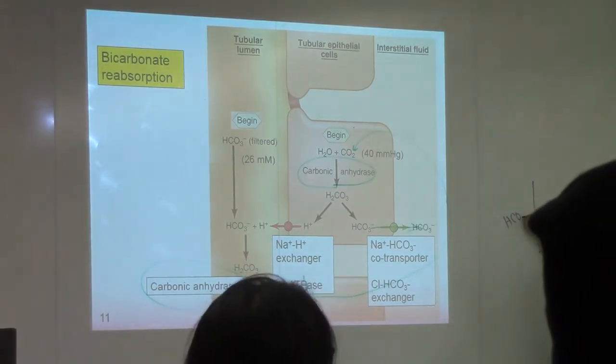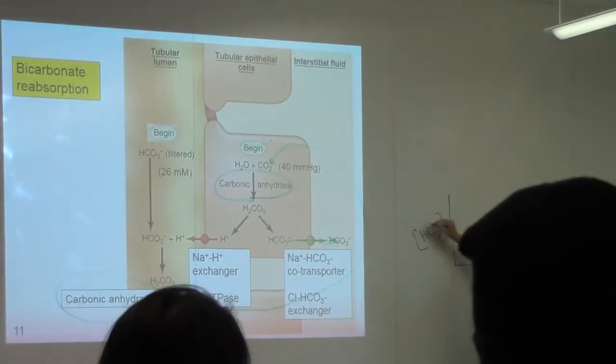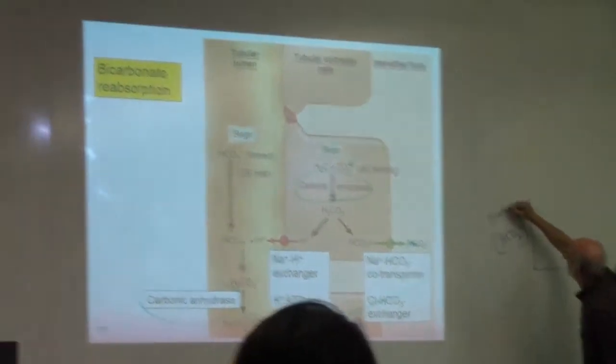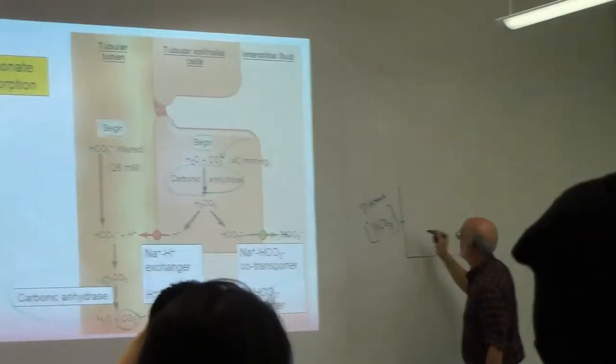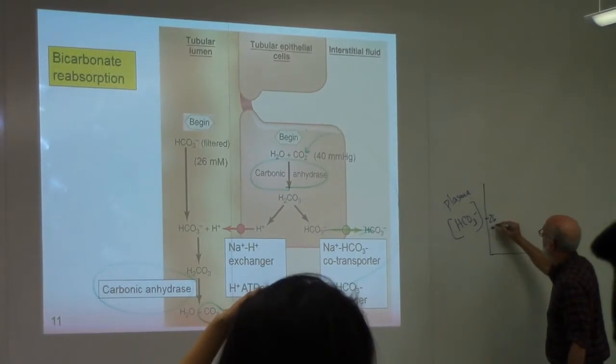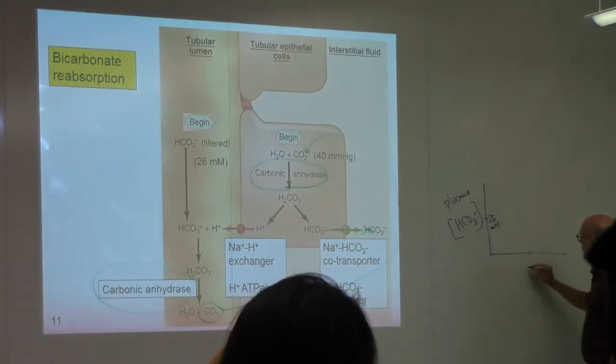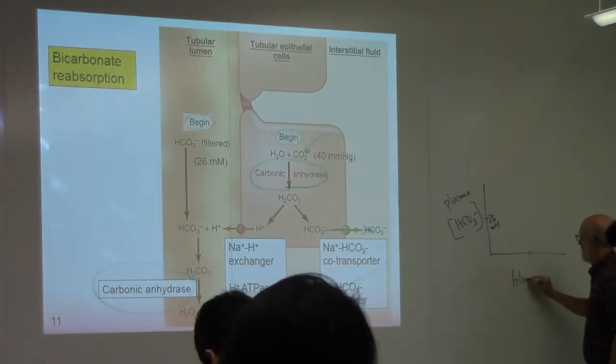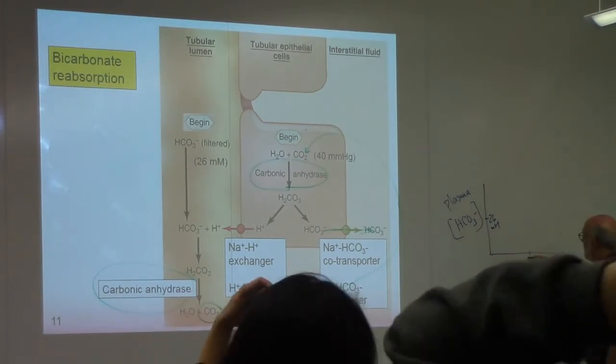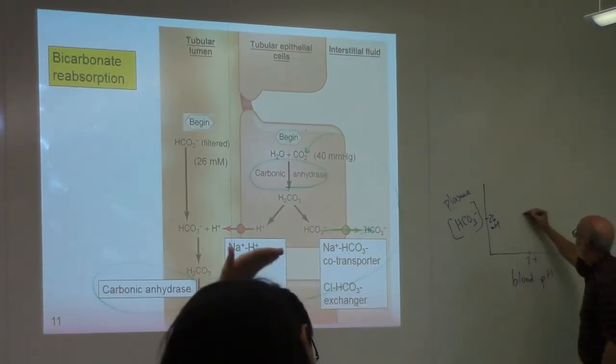Concentration of bicarbonate, this is plasma. Concentration of bicarbonate with a typical value of around 26 millimolar. Typical blood pH, plasma pH of 7.4. Here's our normal value.